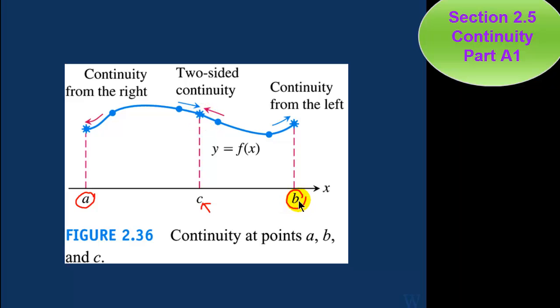And if we have continuity from the left, the limit as x approaches b from the left is equal to f of b, y values approaching f of b. So we have, again, continuity at endpoints and continuity at an interior point.